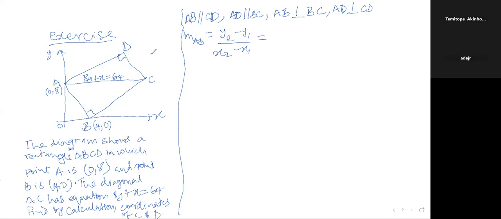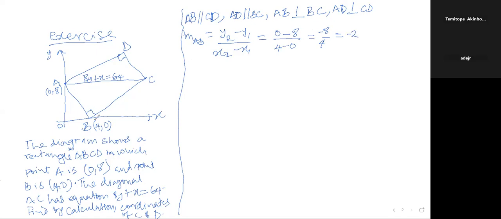Since I've said AB, I'm going to take x2, y2 from B, while I will take x1, y1 from A. So that will be 0 minus 8 over 4 minus 0. So that will give us minus 8 over 4, which is minus 2.